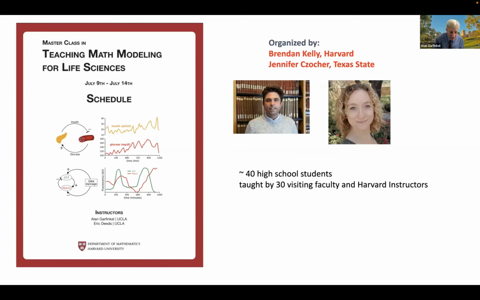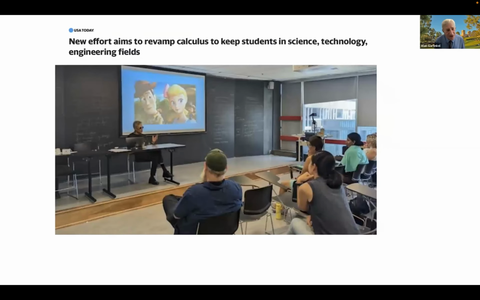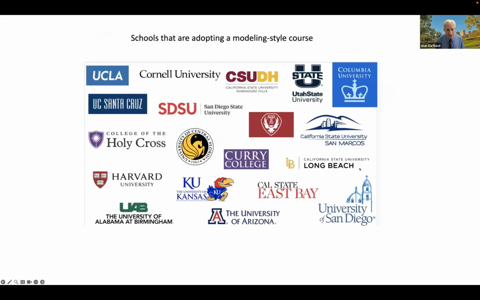So we taught the faculty, and the faculty taught the visiting high school students. This got written up. Lindsay's going to post the link. It got written up in USA Today. And as a result of this, we have a lot of schools, from the very fancy elite schools to absolutely working class 75,000 student state universities, and they have all adopted or are interested in adopting.